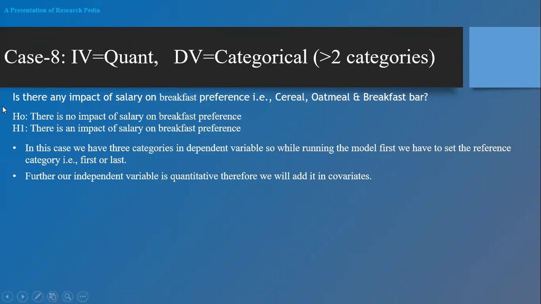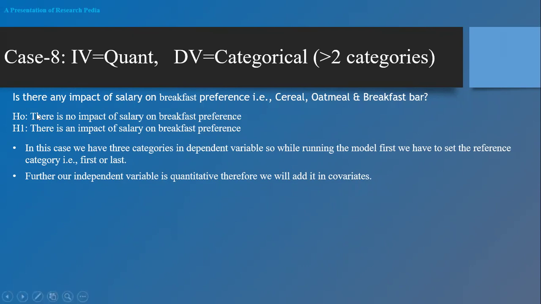We are particularly interested in measuring the impact of salary on breakfast preference. Salary is the quantitative variable, while breakfast preference, as we have seen, has three categories: cereal, oatmeal, and breakfast bar. So we have more than two categories in our dependent variable. That is why we are going to use multinomial logistic regression.